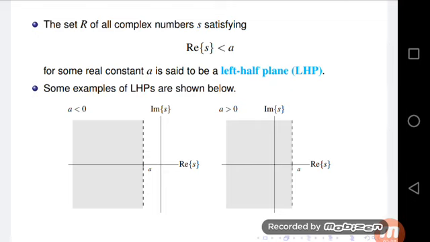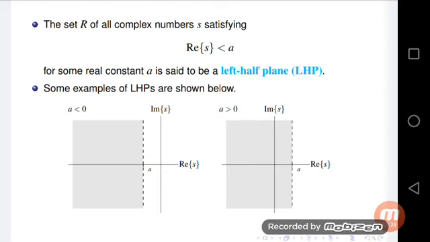When we increase the value of a, the pole will automatically move to the right hand side. So the rate of change of the occupying space depends on the value of a. That's why it is said to be the left hand plane.